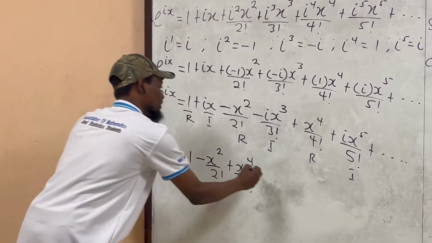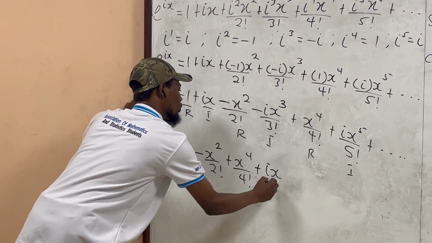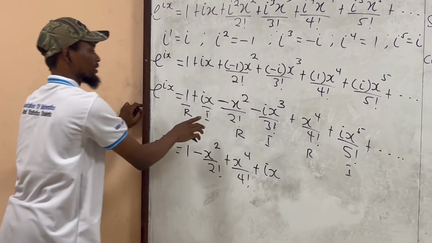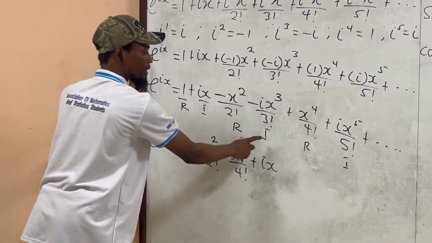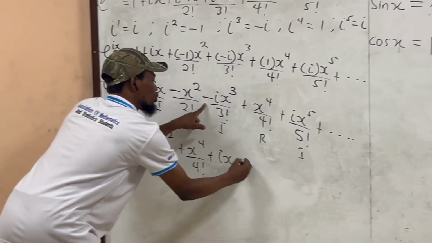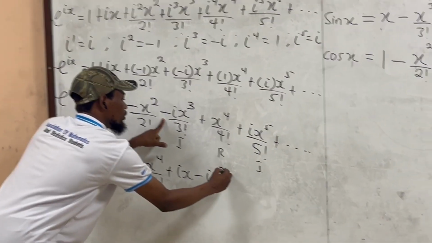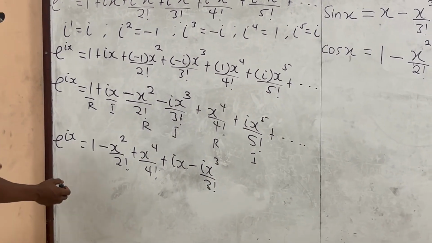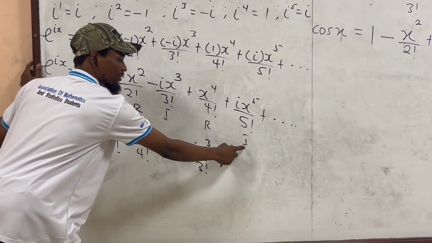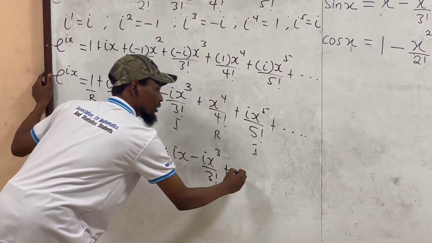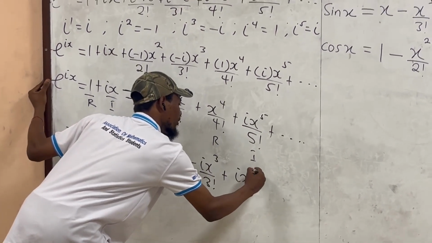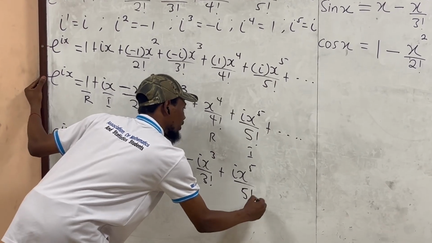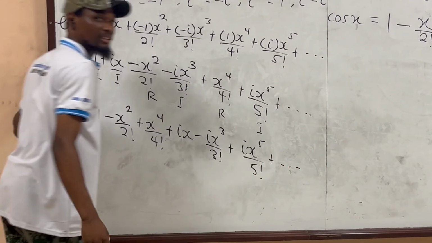Now plus ix, that's ix. Then the next imaginary part we have this, minus ix cubed over 3 factorial. Then we have this plus ix to the power 5 over 5 factorial. Then in that sense.